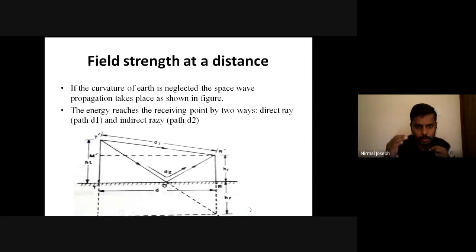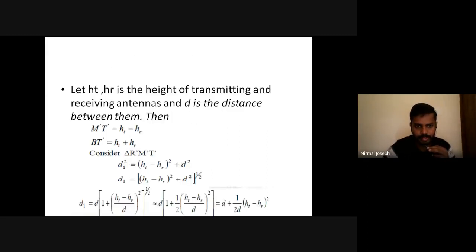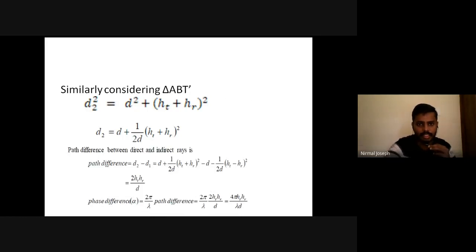Similarly, in order to find D2, which triangle should we consider? We should consider the triangle B T dash A. Same procedure. Considering the triangle B T dash A, or triangle A B T dash, any order we can say the name. Okay, D2 square is equal to D square plus HT plus HR the whole square.